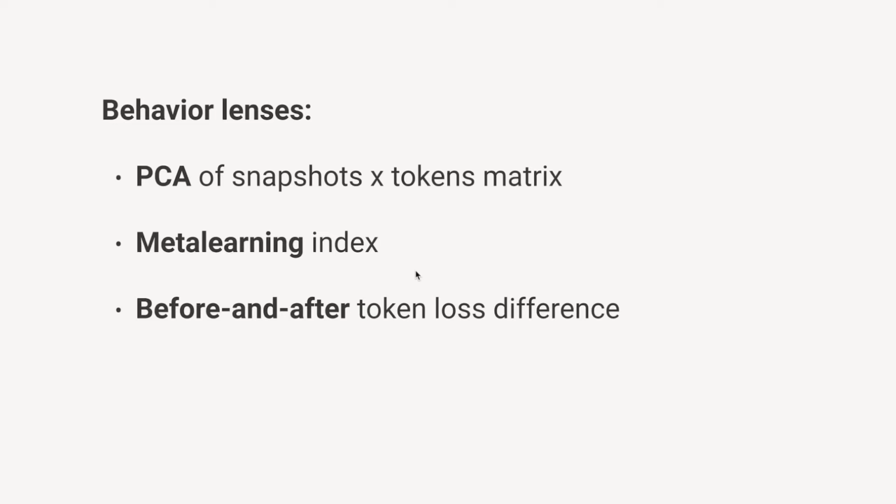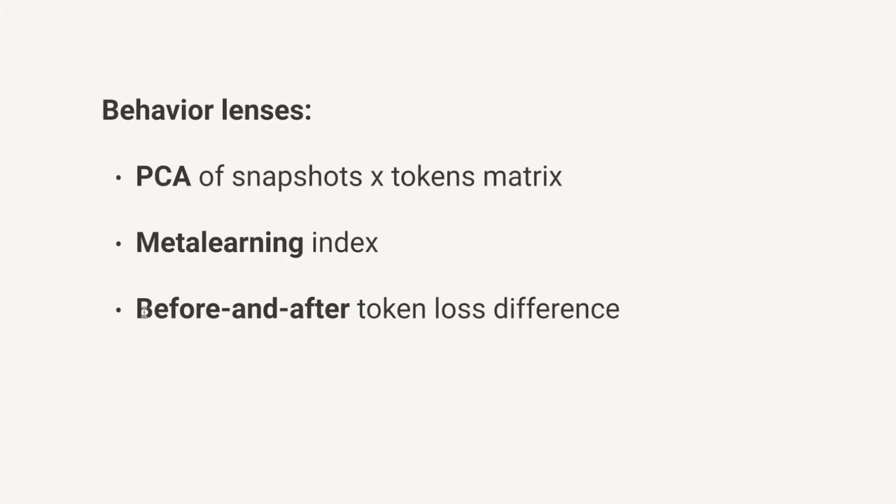The first one is PCA, so I'll look at the principal components of that snapshots by tokens matrix. I'll also build something that I'm going to refer to as the meta-learning index, which is a measure of how well a model is performing at in-context learning, how much better it does at later tokens than earlier.